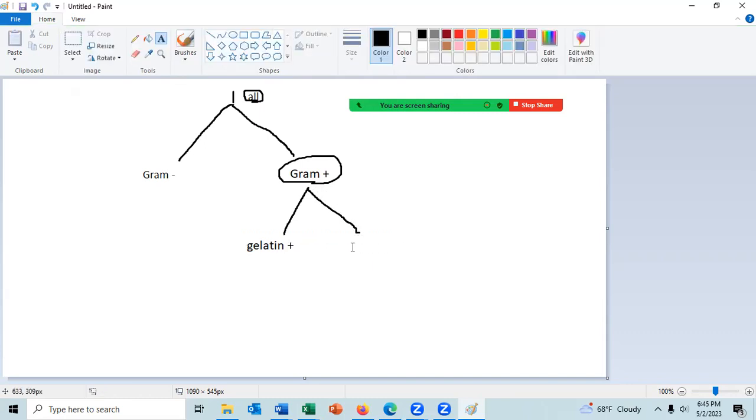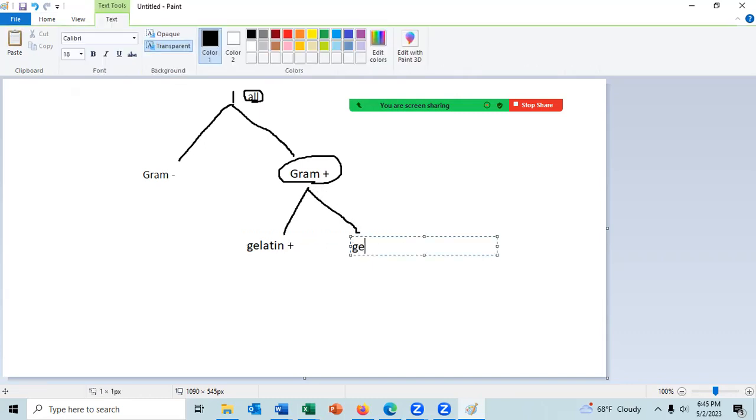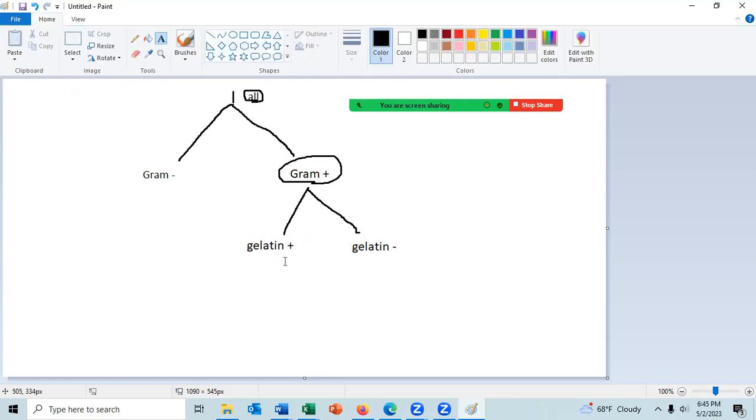And let's go with gelatin negative. Oops, wrong one. And then we have PR lactose, which for the gram positives, oops, that's not very good.